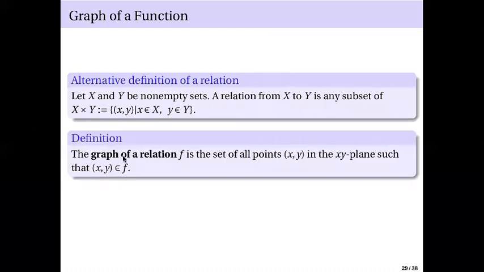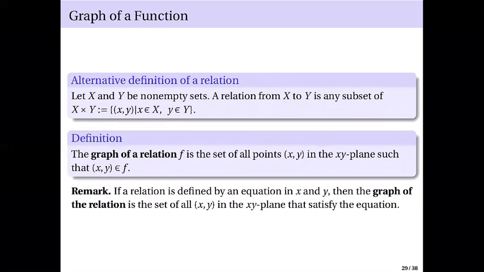Now, the graph of a relation f is the set of all points (x, y) in the xy plane, that's your rectangular coordinate system, such that (x, y) is in the relation f. So remember, a relation is a subset of this set, so we have to make sure that the coordinate (x, y) also belongs to the relation.